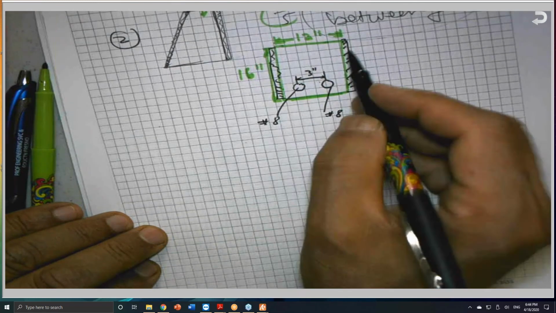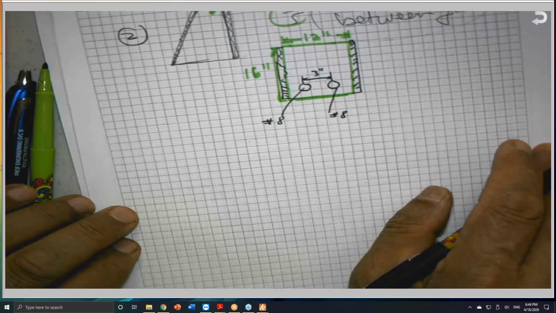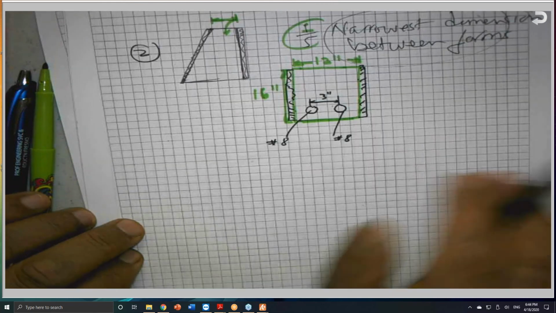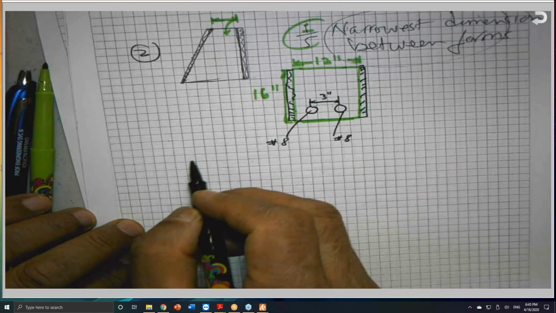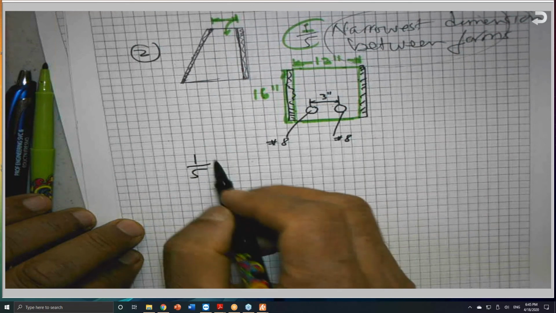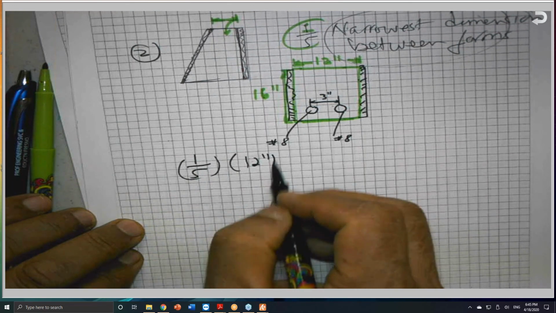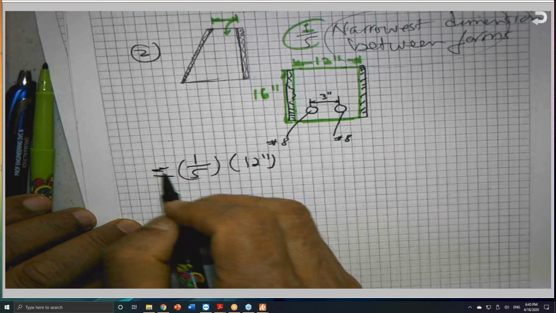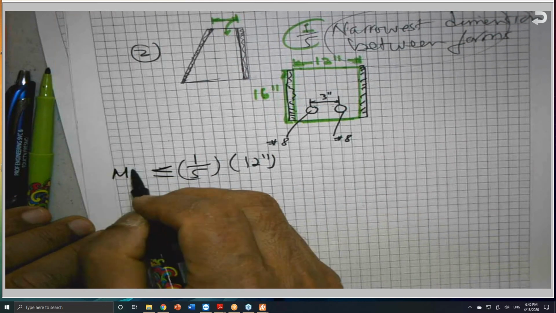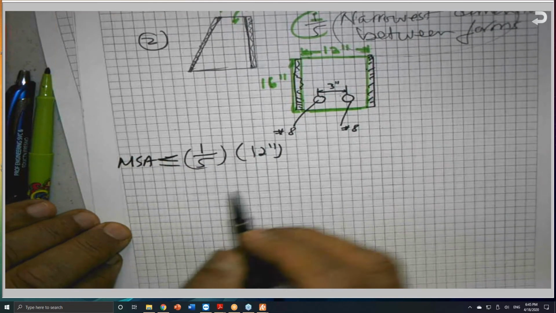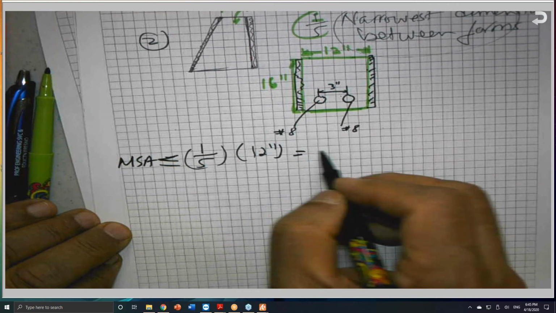This is the dimension between the forms. I apply the 1/5 to the 12 inches, so the MSA should not exceed that. This gives about 2.4 inches.